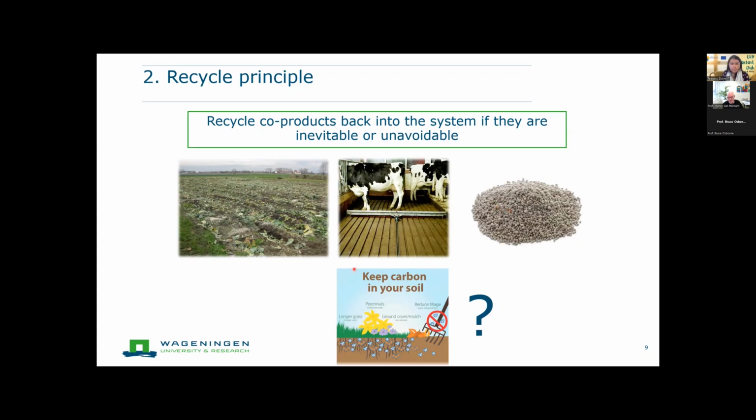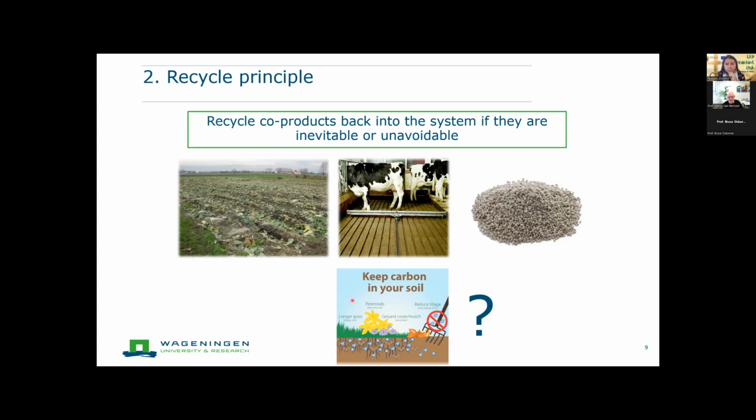The question is, however, how effective and efficient is it to use biomass for that purpose? I would put it as a lowest priority, honestly, because it requires a lot of biomass every year again to maintain a certain increased level of biomass in our soils.